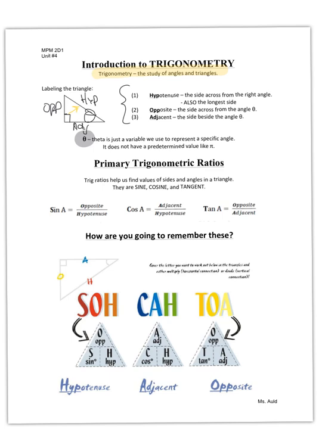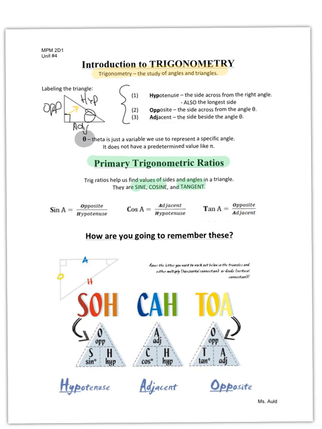So we are going to talk about how we find our angle theta, or how we find a side, and we're going to use what we call primary trig ratios. Primary trig ratios are what we see here: sine, cosine, and tangent. They can all be used in a right triangle.